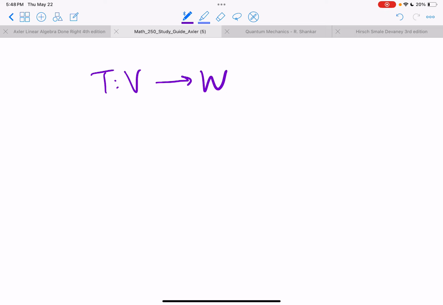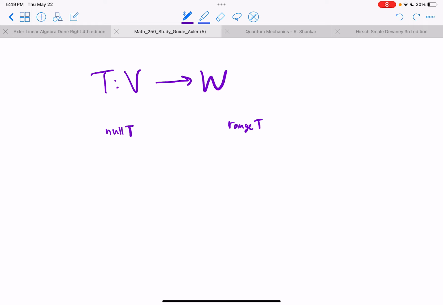about a few things. First of all, you definitely have the null space of T as a subspace of the domain, and you always have the range of T as a subspace of the target space. Okay?